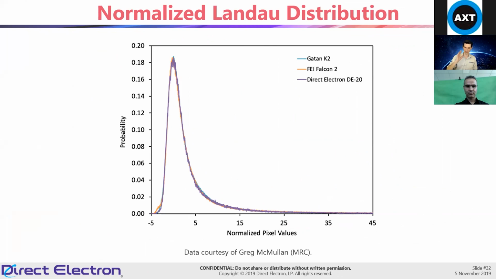The electrons typically deposit the same amount of energy in each pixel. So the probability of having mostly no signal is pretty high, and as the amount of signal left increases, the probability goes down. So all these detectors essentially have the same sort of behavior for Landau noise.